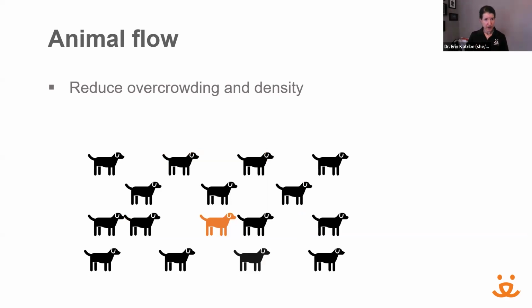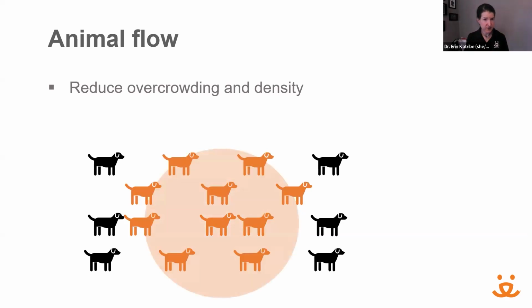Now, same scenario, right? So this dog in the center of the runs, but our runs aren't full. We have some empty spaces in between dogs. Same thing, he starts coughing, still coughs 20 feet, but in this scenario, only this many dogs get infected. So fewer dogs get infected. Also, reducing movement.